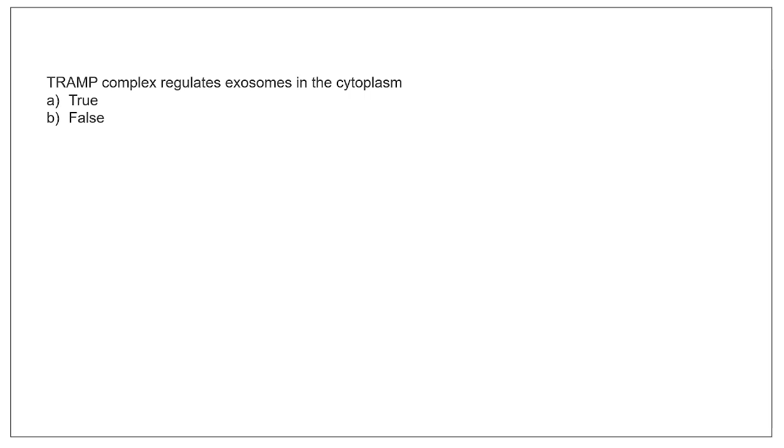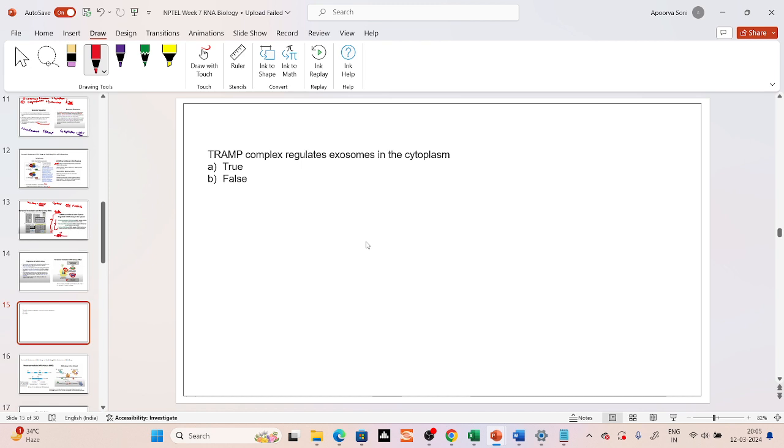Now, a very simple question on what we have been studying all along. The TRAMP complex regulates exosomes in the cytoplasm. True or false? One minute to think and then I'll switch the screen, although it should take hardly 30 seconds.